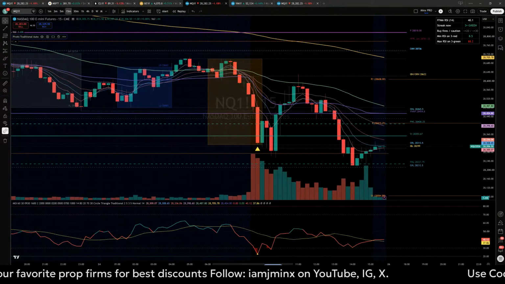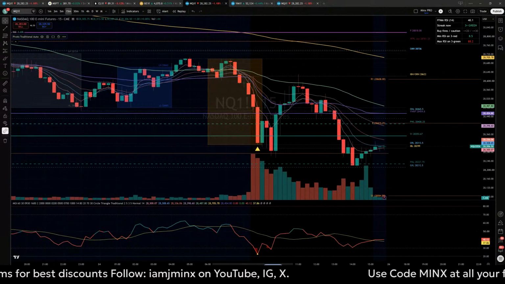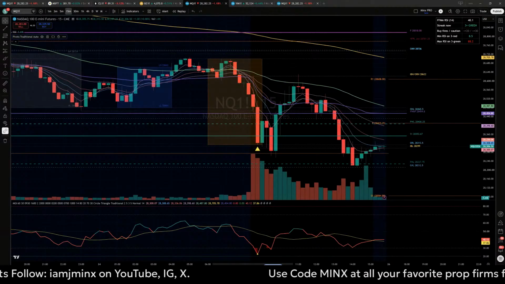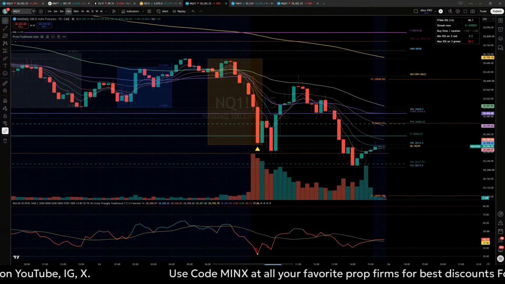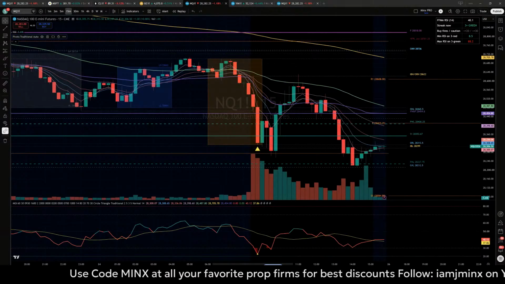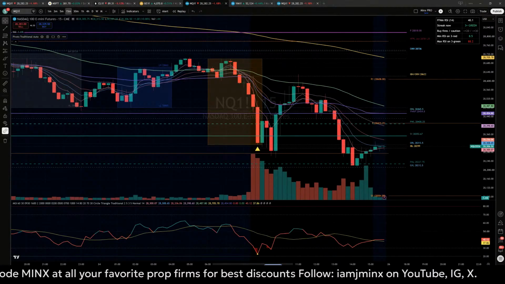What is your approach to handling drawdowns when footprint signals start giving false breakouts during choppy market conditions? I always have a hard stop loss at 17.5 points.